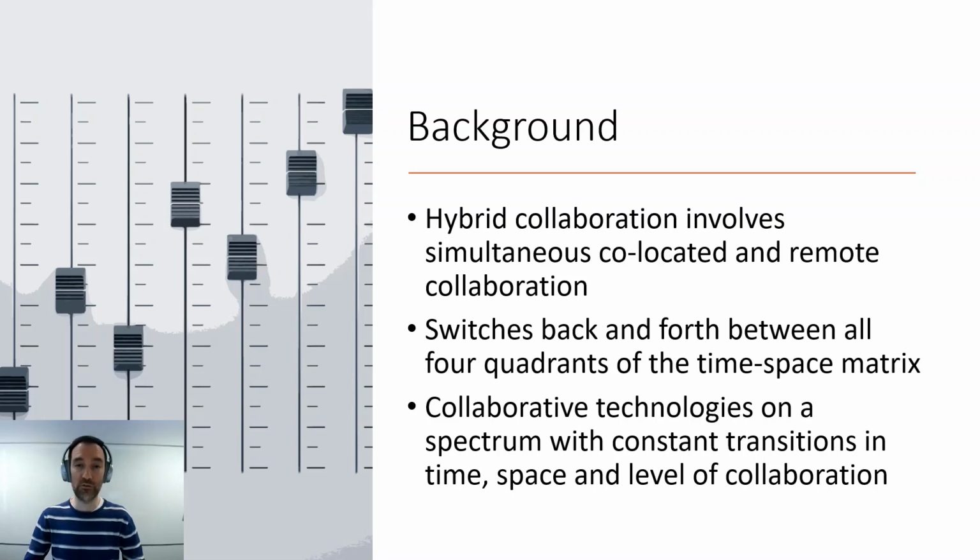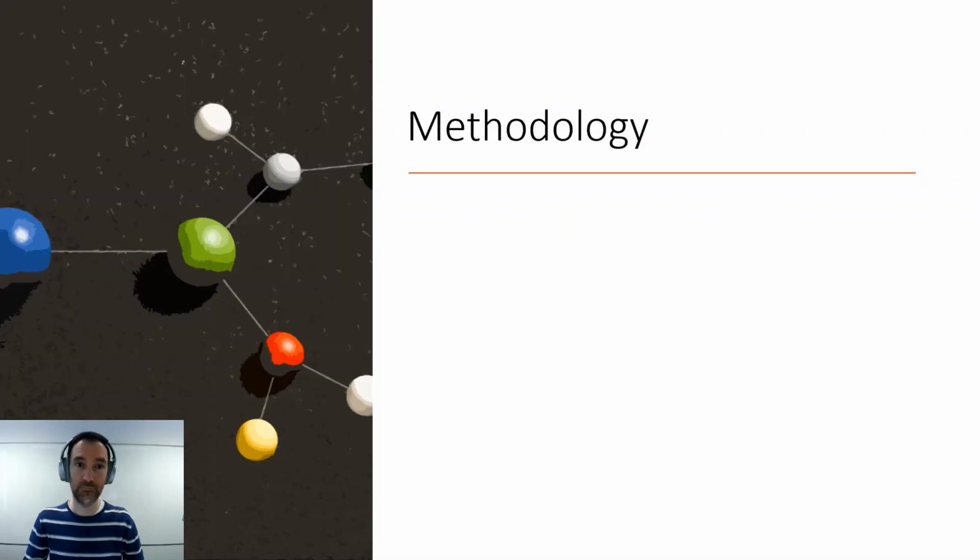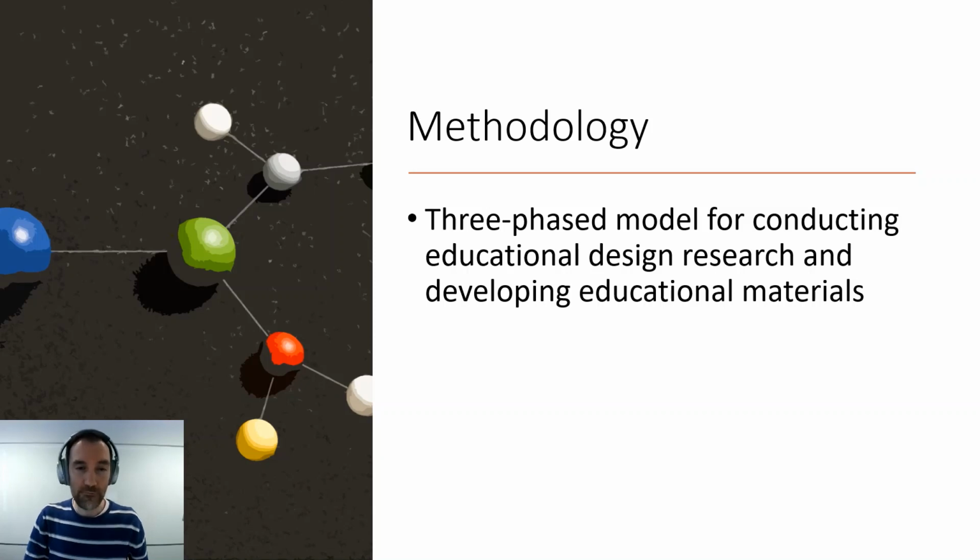Now, in the work presented in this presentation, we apply this thinking of collaborative technologies as a spectrum with constant transitions in time, space, and level of collaboration. We applied a three-phased model for conducting educational design research, and we developed educational materials as an underlying and guiding research and development framework.